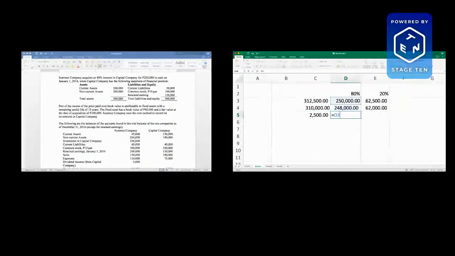And out of the 2,500, class, 2,000 is attributable to the parent or the controlling interest, while 500 is attributable to the NCI or your minority shareholders. Okay, so the answer to the first question, class, is 2,500. The resulting goodwill is 2,500.